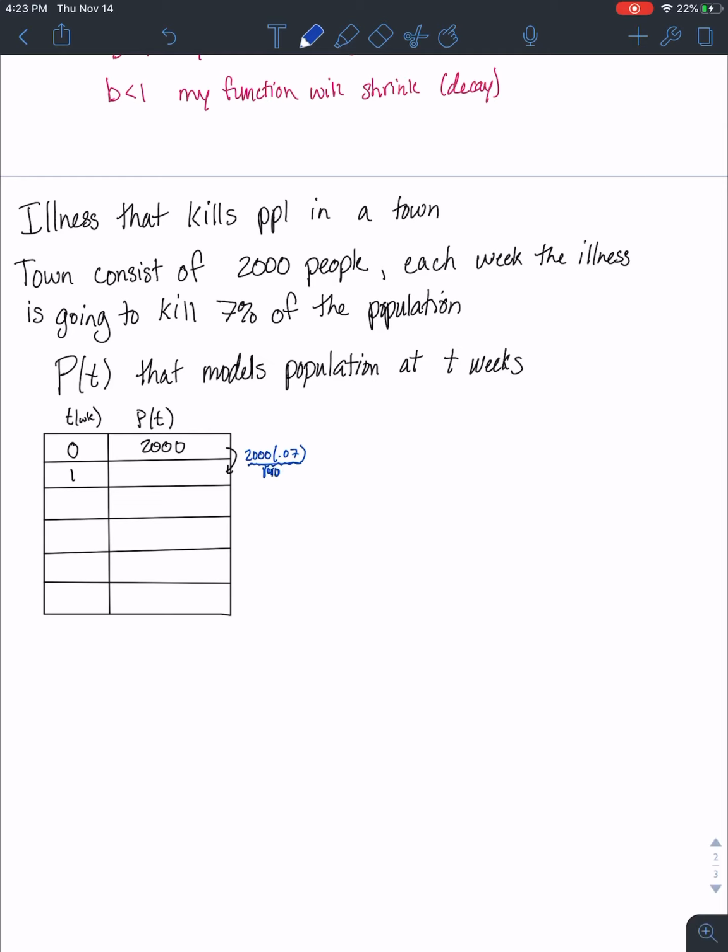That is the number of people that have been killed off by the disease. So the number of people left is 2,000 minus the 140 killed off. In this case, we get 1860.